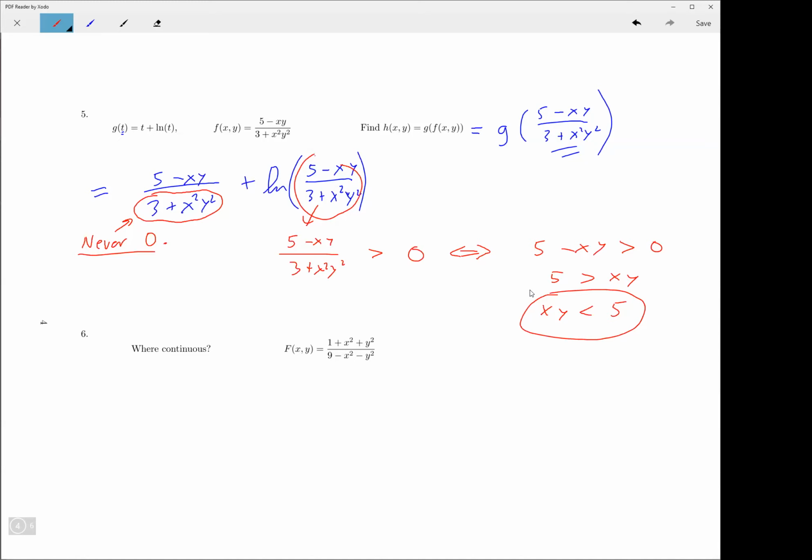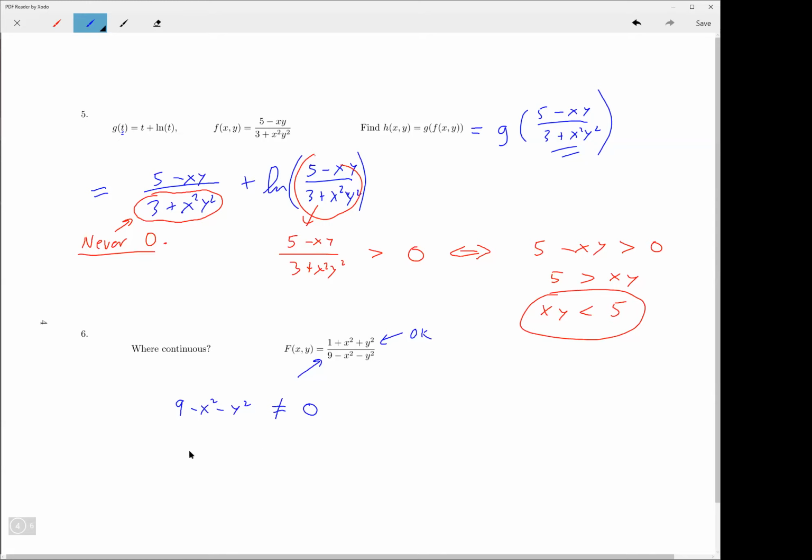Number 6. Where is this one going to be continuous? It appears that the numerator looks okay. So what about the denominator? What do you need the denominator to be? It can't be 0.